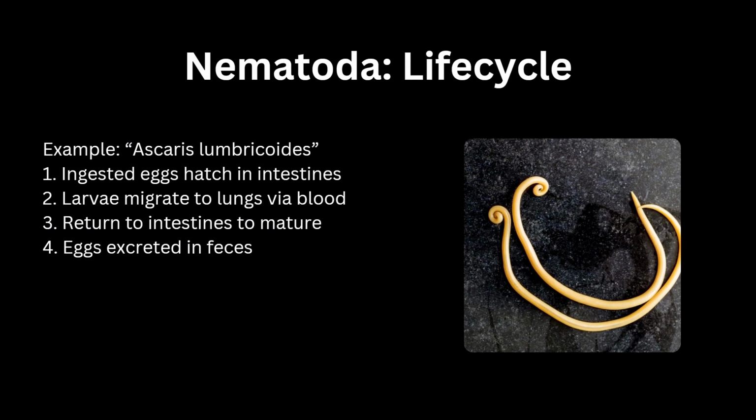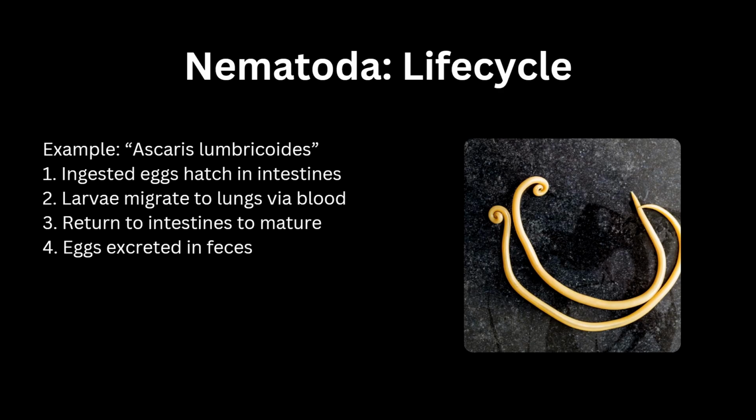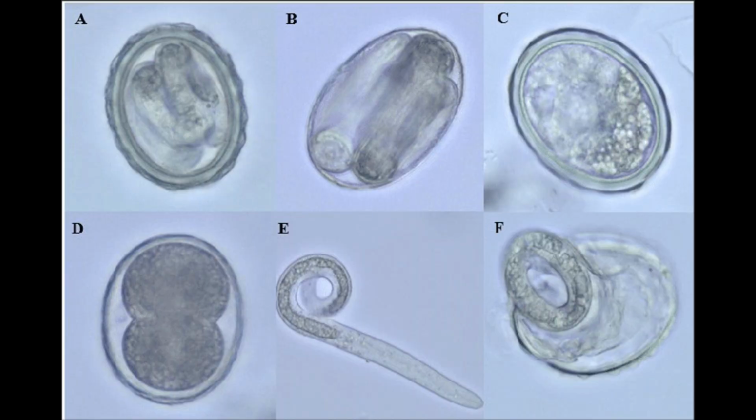The next is the Nematoda life cycle. Ascaris lumbricoides is a good example from the Nematoda life cycle. It infects humans. Its life cycle begins when an individual ingests microscopic eggs from contaminated food or water. Once inside the host, these eggs hatch into larvae in the intestines.